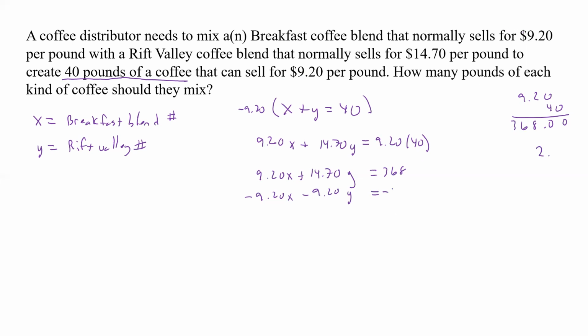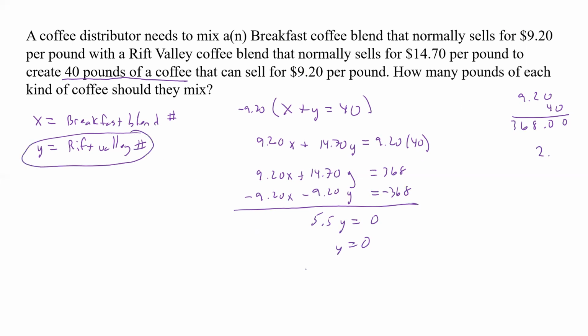Okay, negative 368. All right, so those cancel. That gives us 0.5y, that's 5y, equals 0. So y equals 0. So no Rift Valley, and x is equal to, in this case, the whole thing.